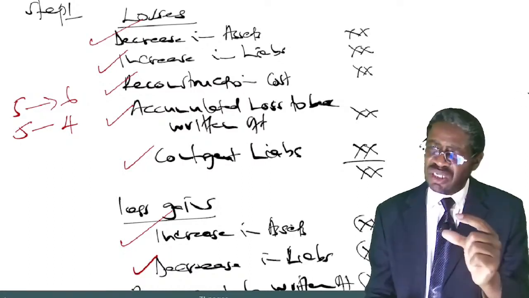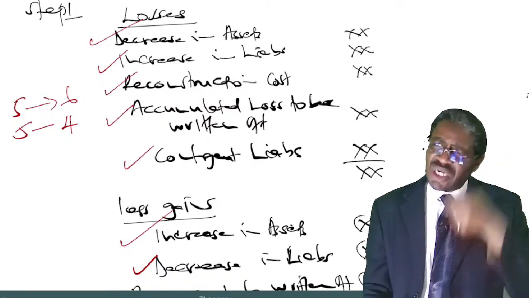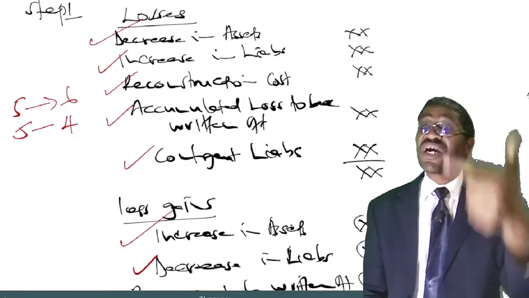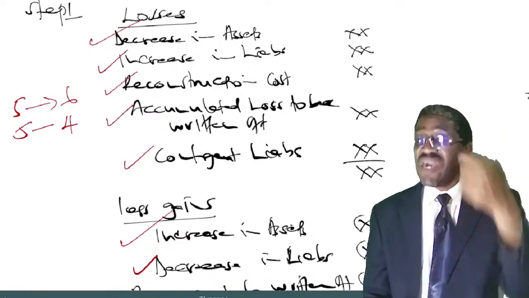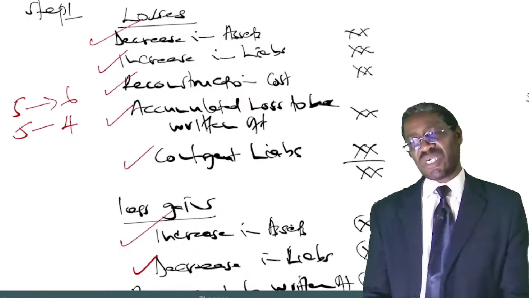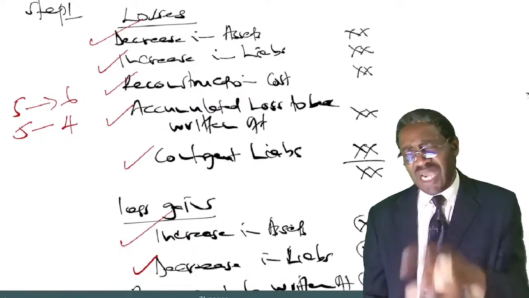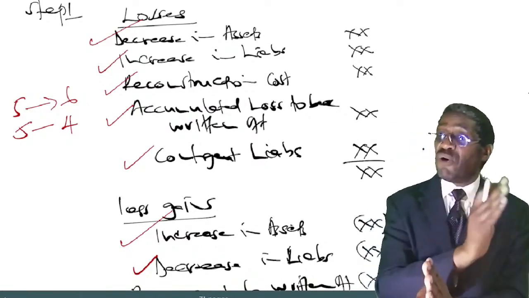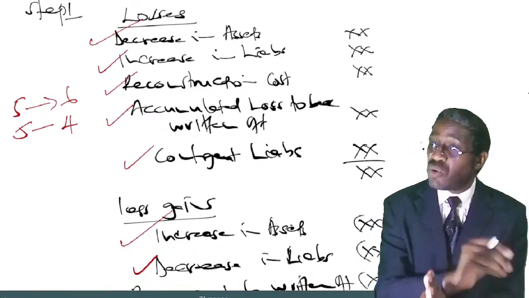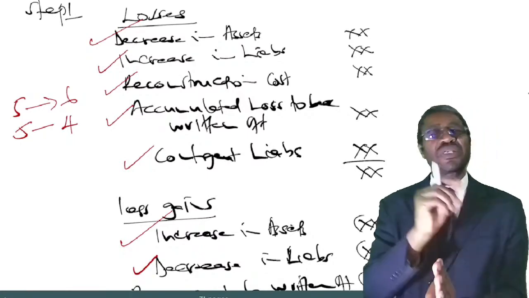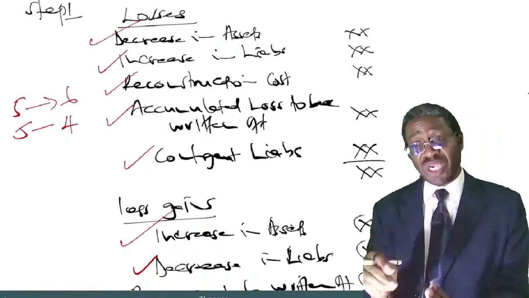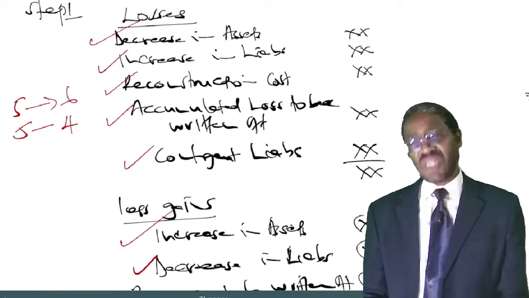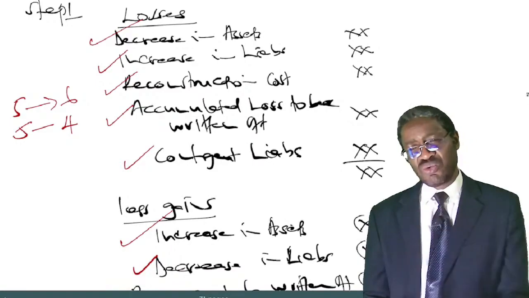But we said, the moment you start reconstructing a company, that contingent liability should be crystallized. Yani, make it a liability. By making it a liability in the books, we concluded this: before reconstruction, in our books, we did not have that liability, but after reconstruction, now we shall have it in the books. So it means your liabilities are increasing, and therefore, that will give rise to losses.